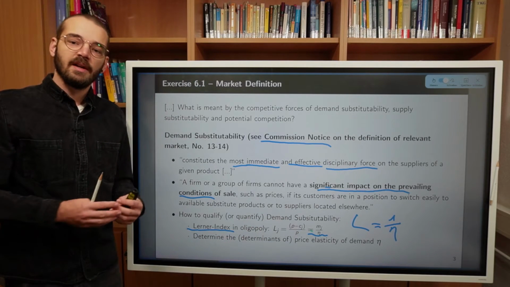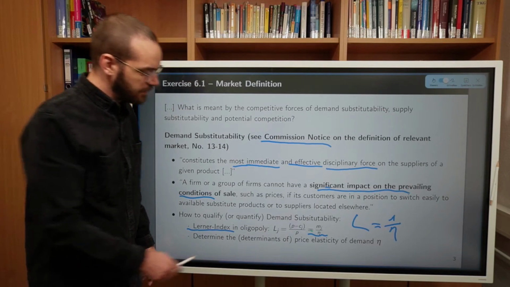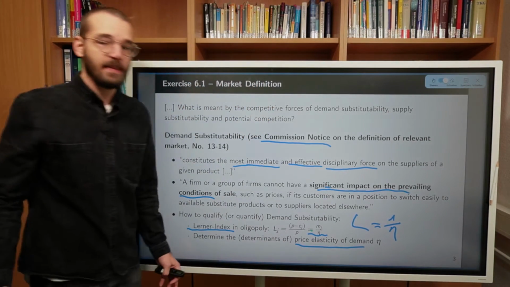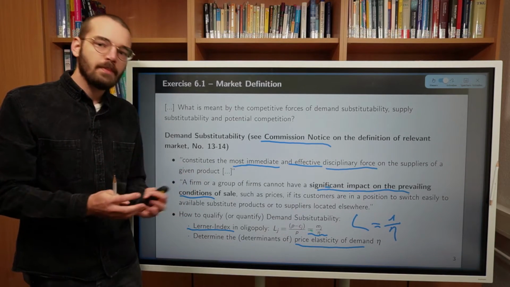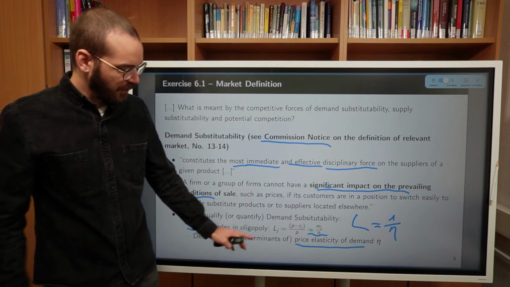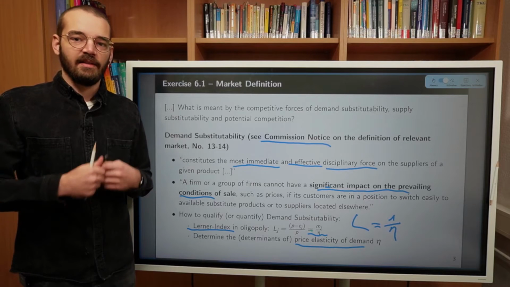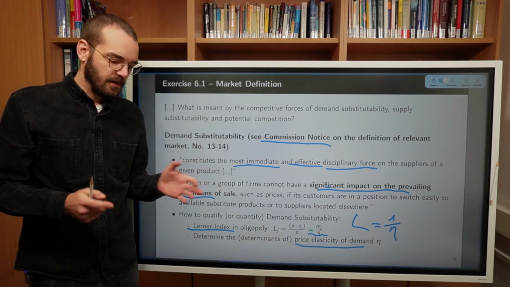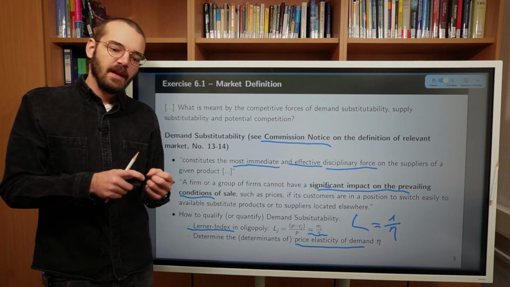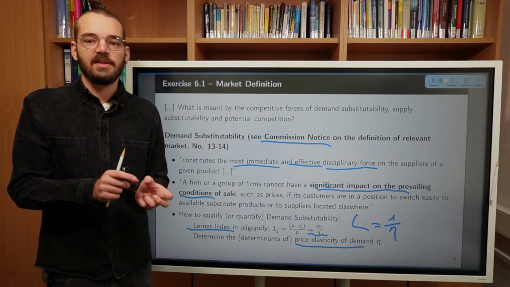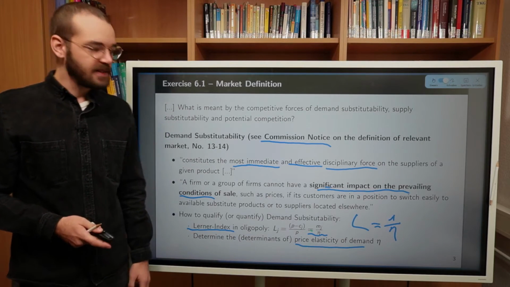So we need to identify the market shares in the market, and of course we also need to find the price elasticity of the demand eta, or at least we need to get a grip on the determinants of the price elasticity, so we can at least sort of qualify the dimension, we can at least have some idea in what kind of interval the demand elasticity should fall into. All right?